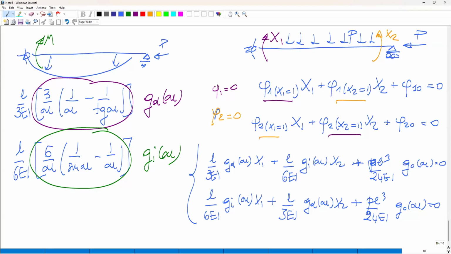Two equations in two unknowns. What is the condition for which this system has a solution? This determinant here must not be zero. If that determinant is not zero, that system has one and only one solution.